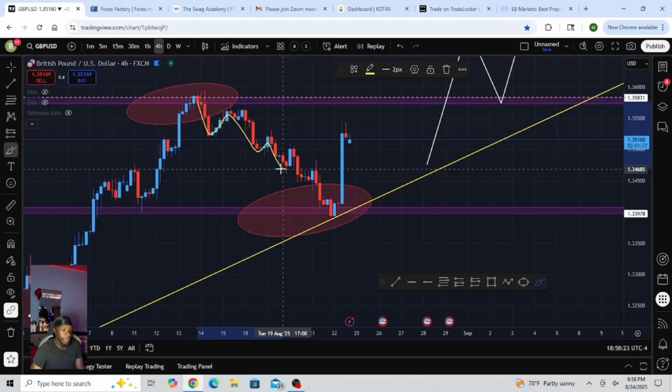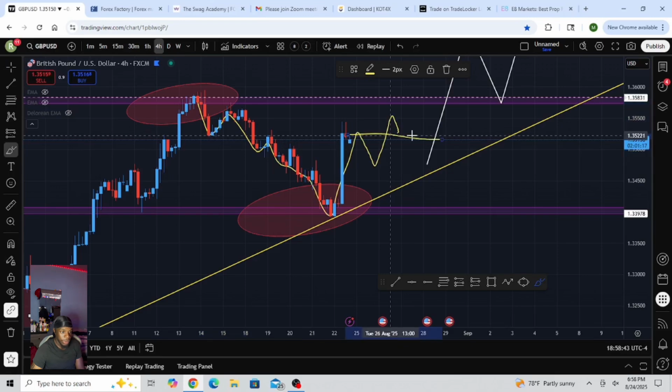So now I'll be waiting for a minor retracement, then a new higher high, and then that break of a high would need to come back down and treat that previous structure point or swing high as a level of support where it would hold. I would get an entry signal on this area and then buy until we get to resistance. That's the only trade I would take coming up.